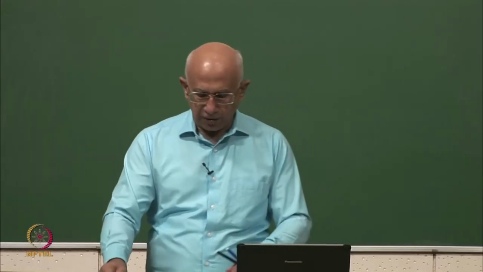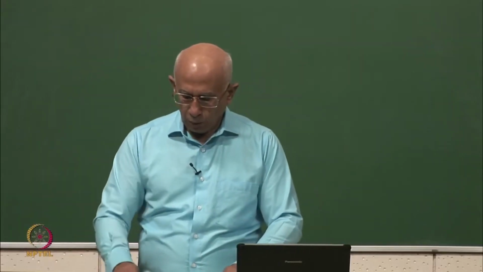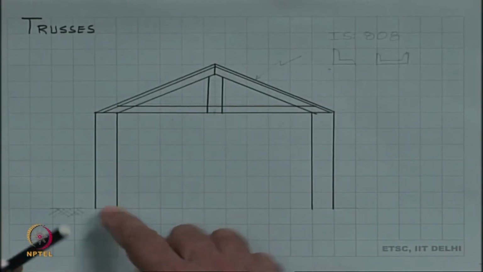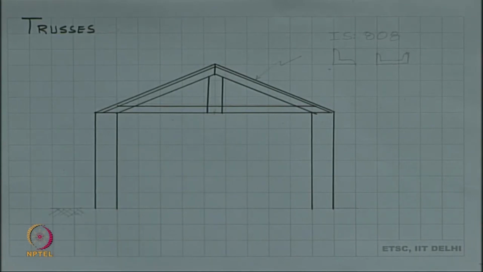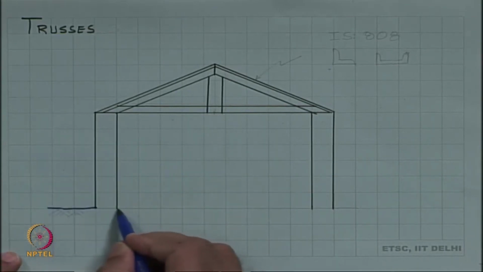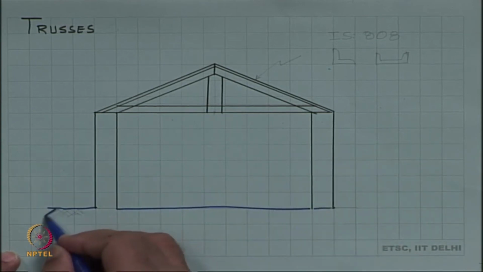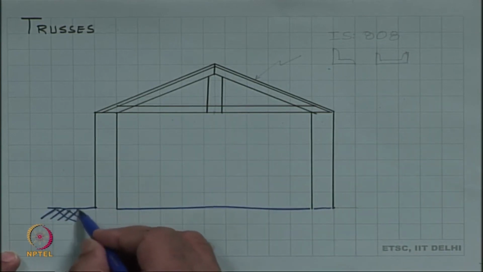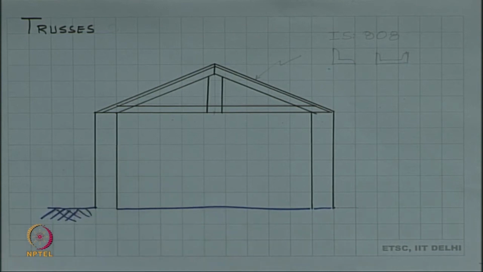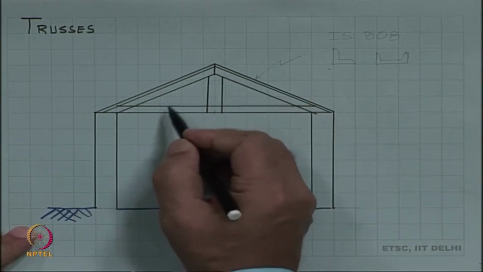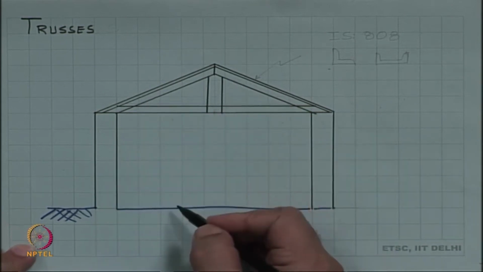In industrial constructions, we put the columns as we have shown here. All of this is sitting on the ground. Inside this is the floor, and outside this is the ground, which is soil. On top of these columns, in one pair we put a structure like this, and there could be lots of other designs on this.